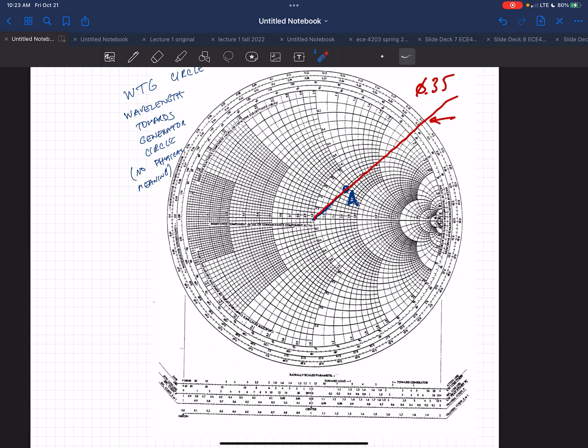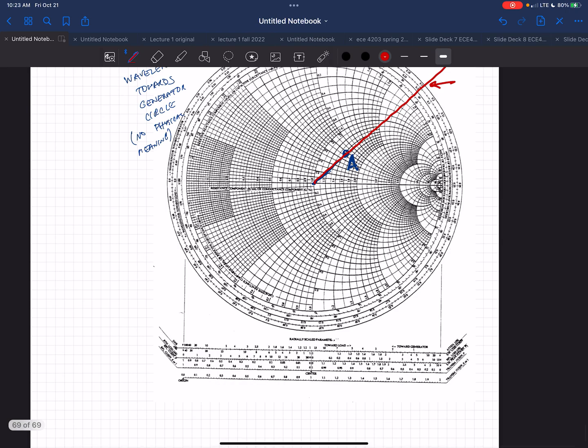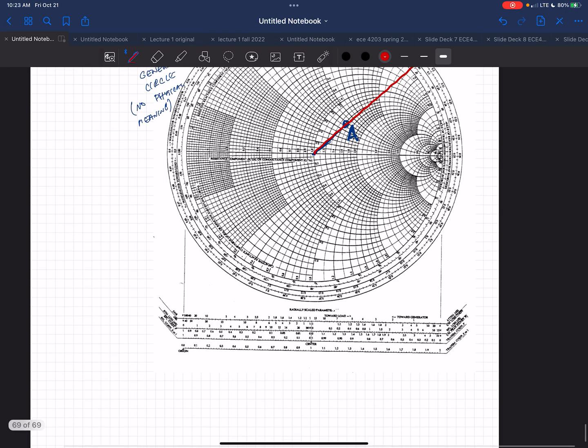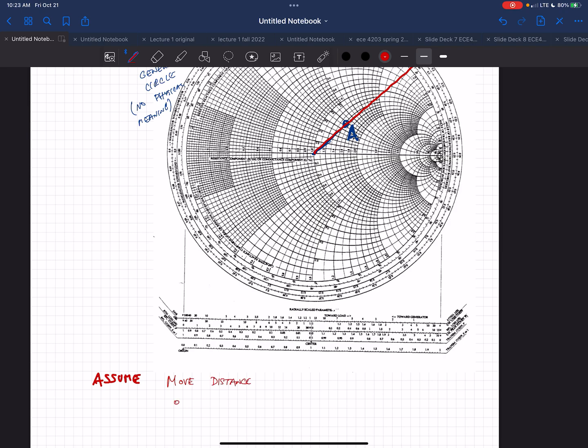Now let's say I'm moving a distance of L over lambda away from the load. Let's say that is 0.2, so L is 0.2 lambda.